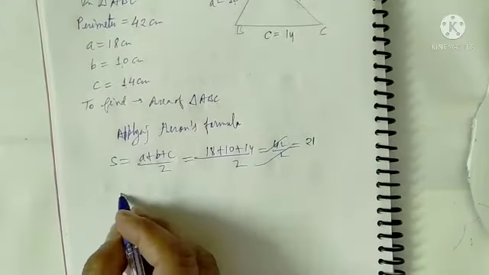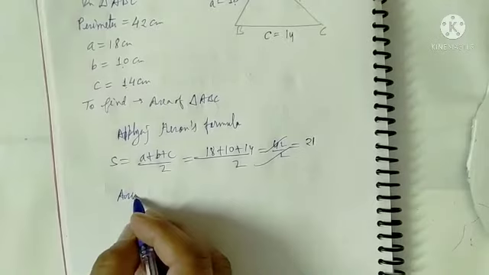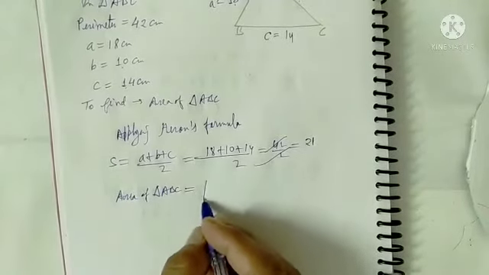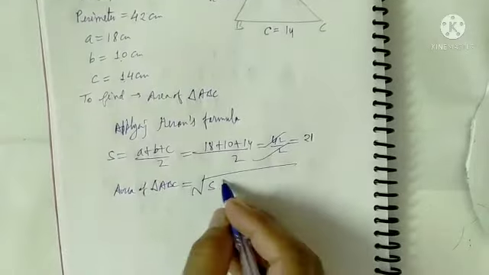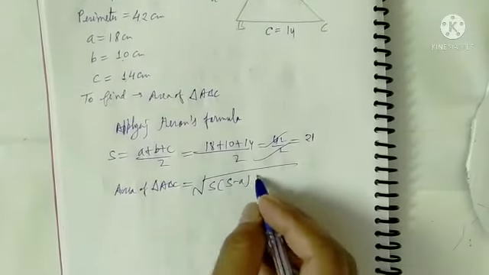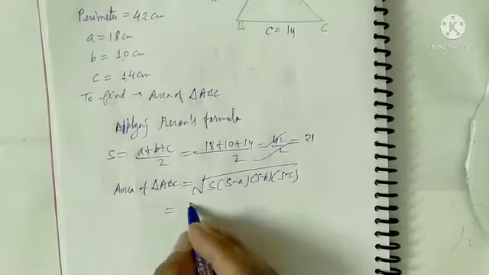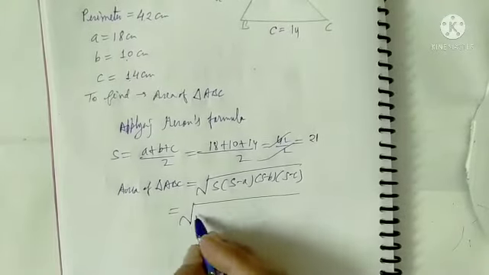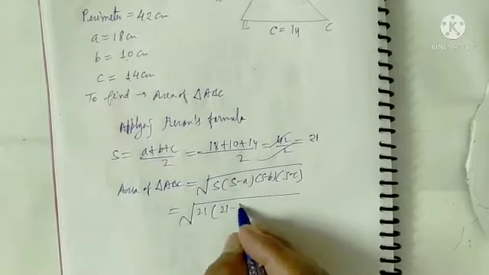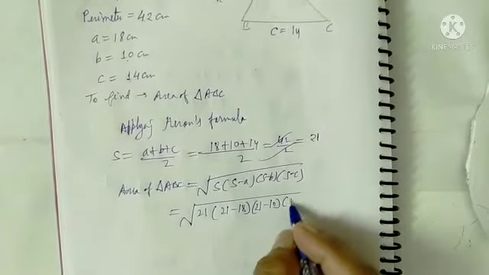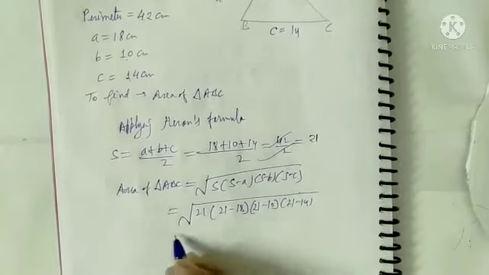Now take out the area. Area of triangle ABC is equal to under root S minus A, S minus B, S minus C. Now put the value of S as 21: 21 minus 18, 21 minus 10, and 21 minus 14.